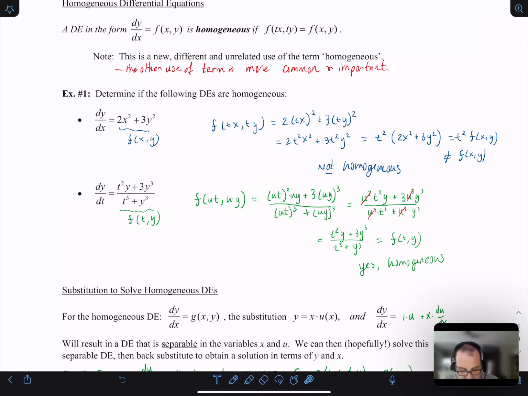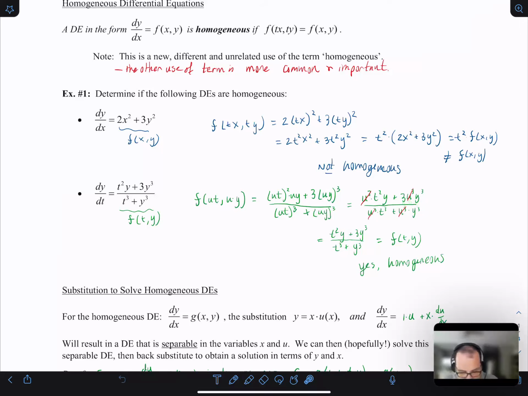You can again see this (ut) all squared, (uy) all cubed, (ut) all cubed, (uy) all cubed. Let's clean it up a little bit. This is a u squared t squared times a uy, so there's a u cubed t squared y. Over here, we have a 3u cubed y cubed.